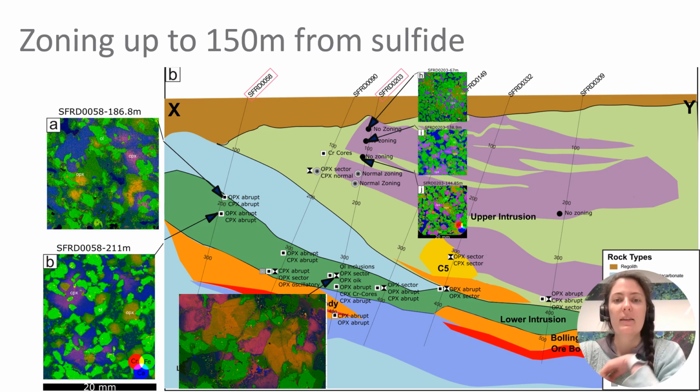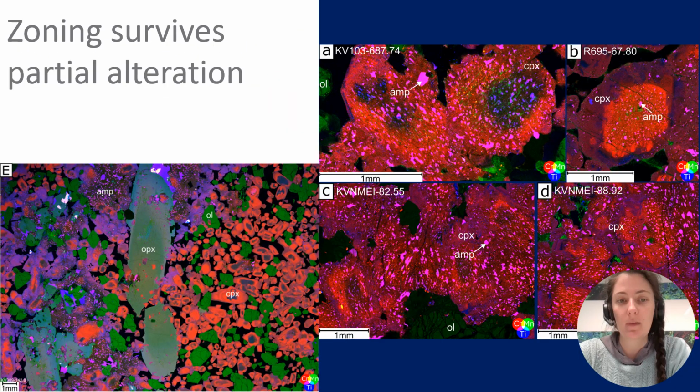So we found these zoning patterns up to 150 meters away from the primary magmatic sulfide deposit, which suggests that they could be used as a vector toward more active, more dynamic systems as well.